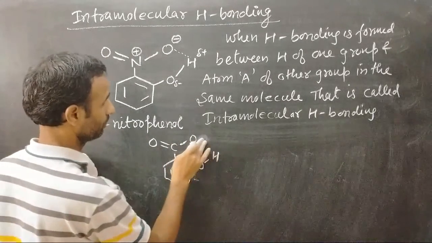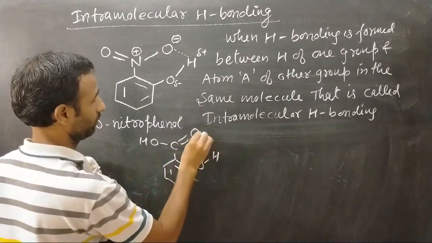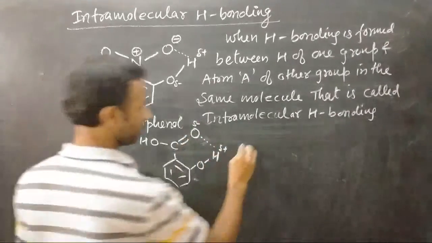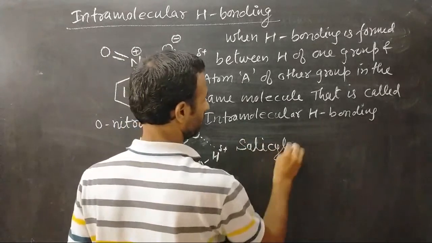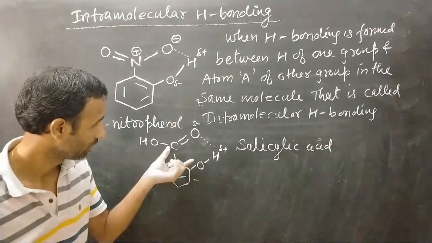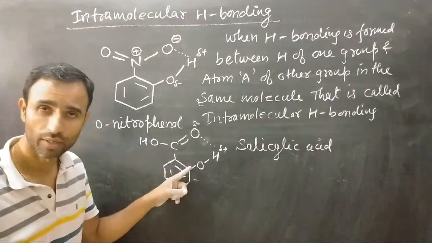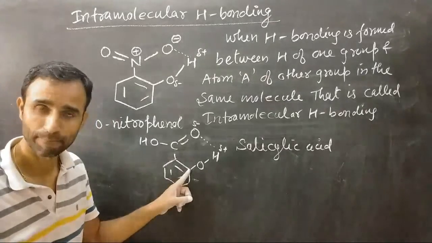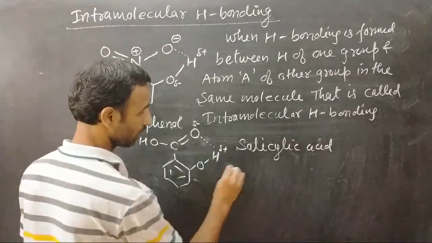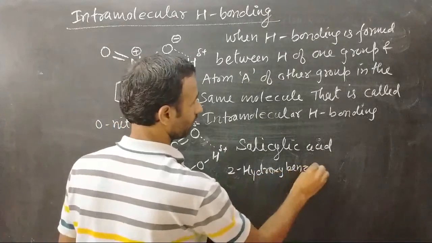Like this, which is called salicylic acid. In this case, the condition is that both groups are polar groups and the groups should be at the 1,2 position. This is also called 2-hydroxybenzoic acid.